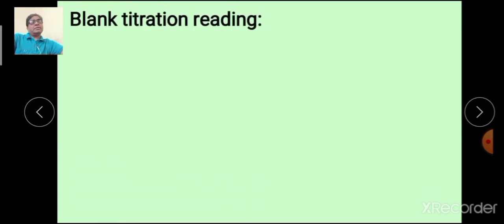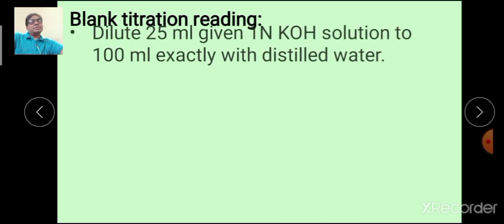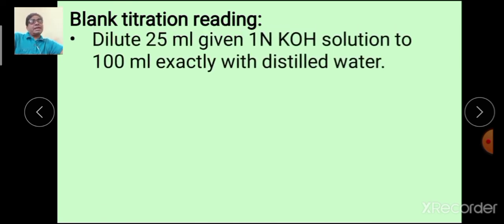Next is the blank titration reading. Here the KOH is directly reacted with acid, and the procedure includes: dilute 25 cc of the given 1 normal potassium hydroxide solution, that is alkali, to 100 cc exactly with distilled water.